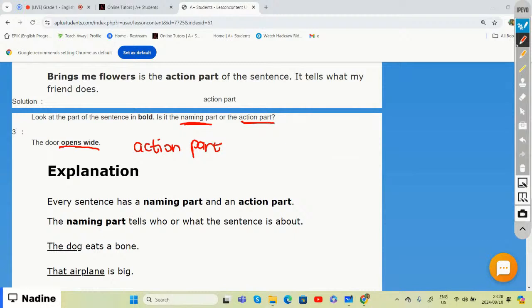So if you see that a sentence shows that something is happening or taking place, then that is an action part. Or if we are just naming someone or something, then that is a naming part.